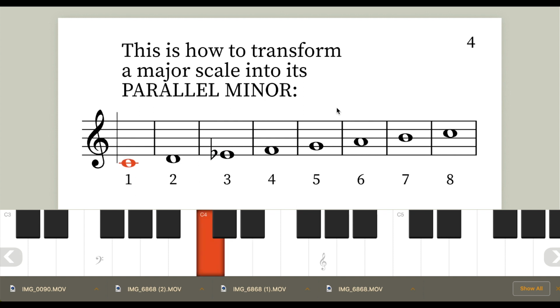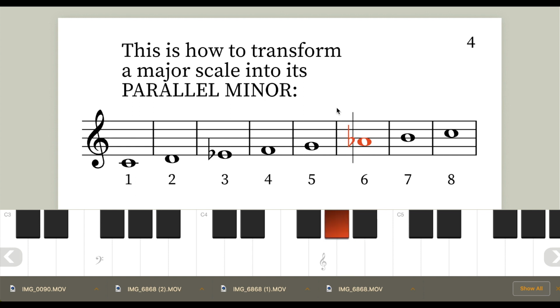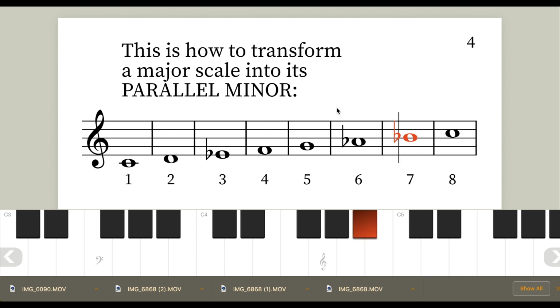So now we have 4 and 5 stay the same. Those are the perfect ones. And now we take this one and we lower that a half step. And we lower the 7th scale note down a half step.